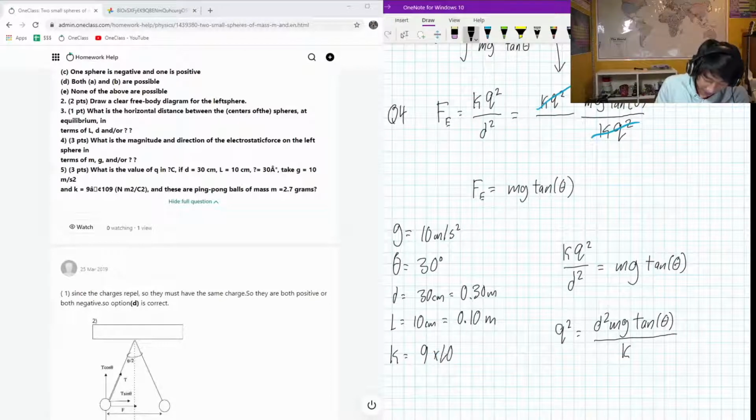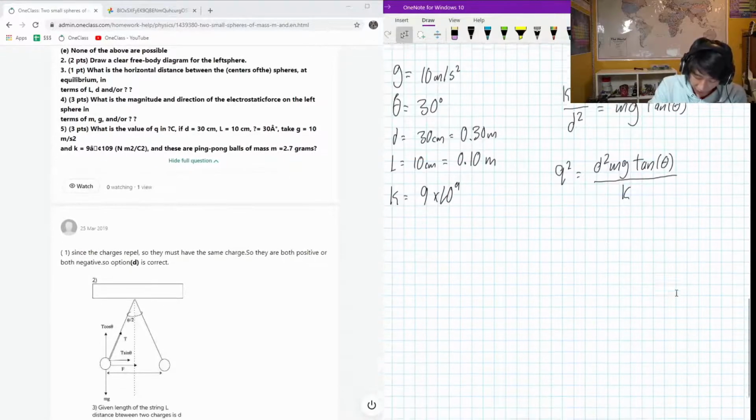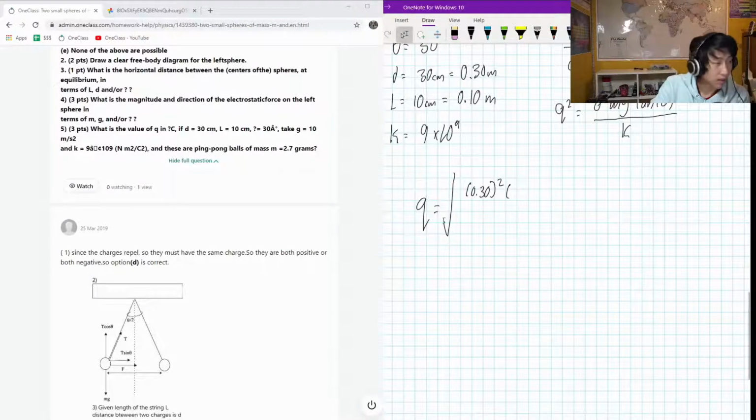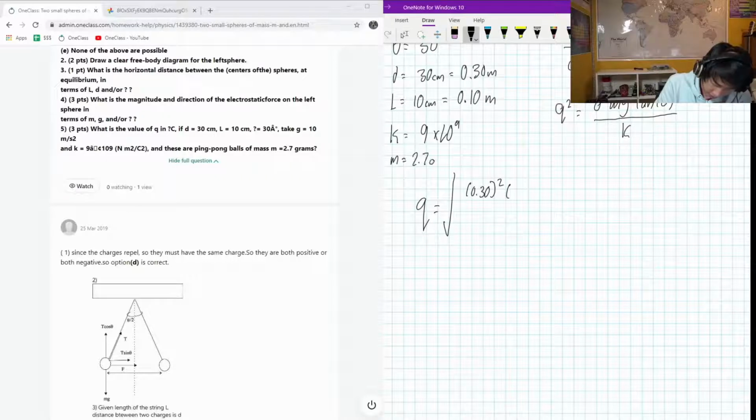Let's put this all under the root in a whole other step when we sub in our numbers. So D squared, we have 0.3 squared multiplied by mass. What was our mass? 2.7 grams.